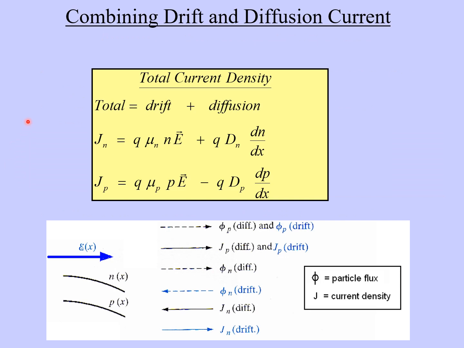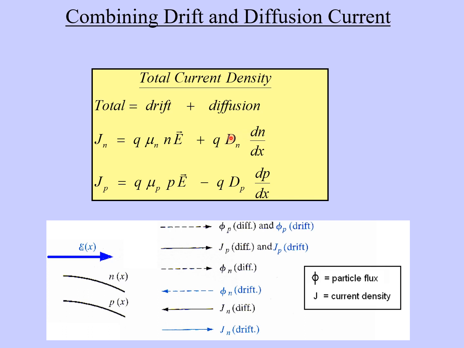So one thing we can do, and we're really not going to use this per se in this course, but technically the total current density in a semiconductor, there may be both types, drift and diffusion, present. So the expression on the left, this left term is the drift current term for electrons and for holes here.